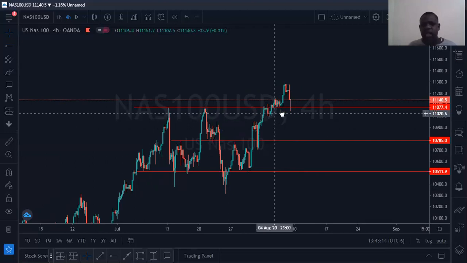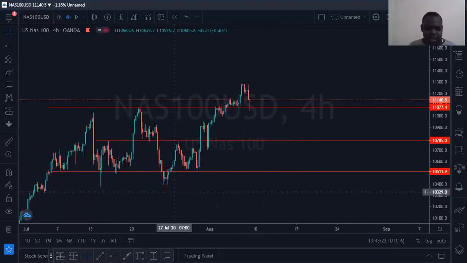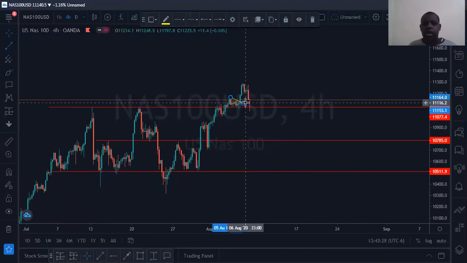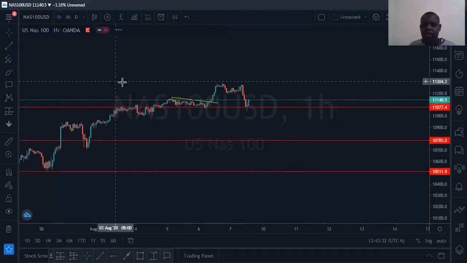The market actually broke our key point impulsively. But as I go deeper, I can see that there's a correction, which is a confirmation of a buy.